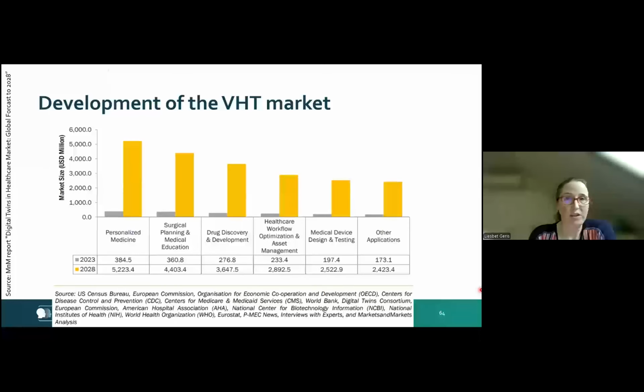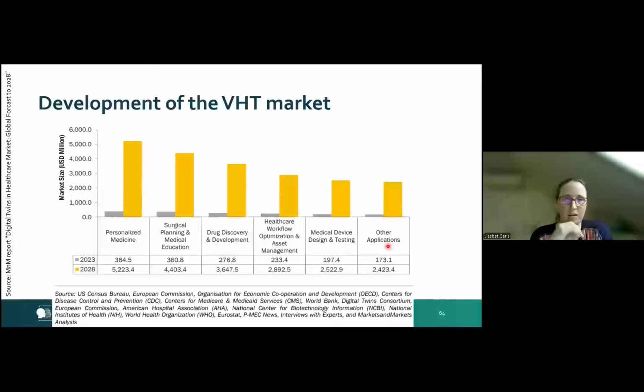We also need to look at the development of the market. There are some sources that talk to a lot of people that know a lot about economy, that have said that digital twins, whether they're used for personalized medicine, surgical planning, drug discovery, healthcare workflow optimization, medical device design and testing, or other applications, will see a boom over the next 5 years.